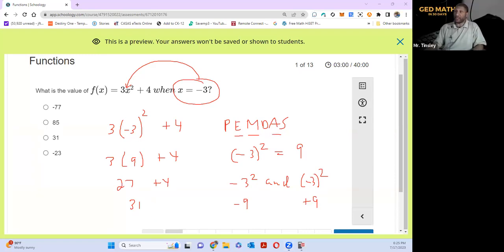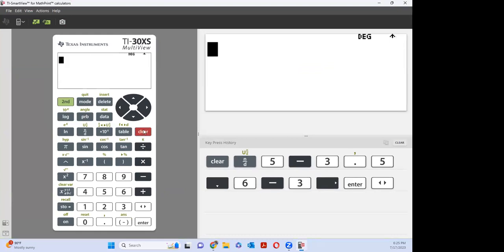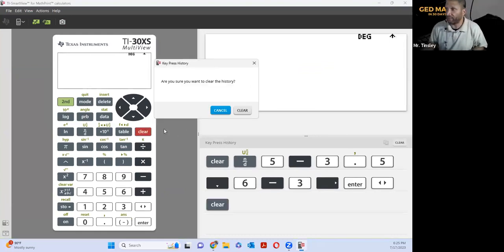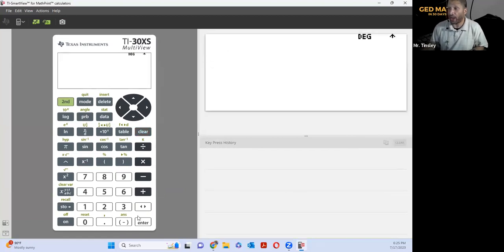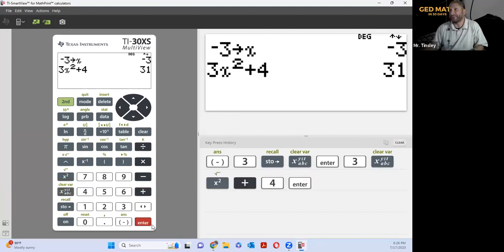What I show you in the ebook and during these sessions is that with the calculator, this is a 15-second problem. On a bad day, a 15-second problem. Why? Minus 3, store x, enter 3x squared plus 4. Done.